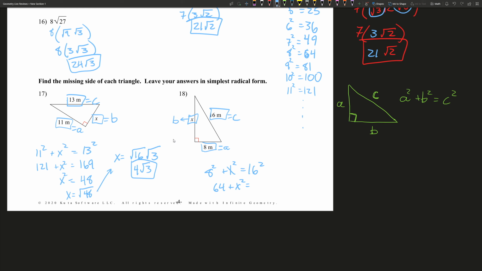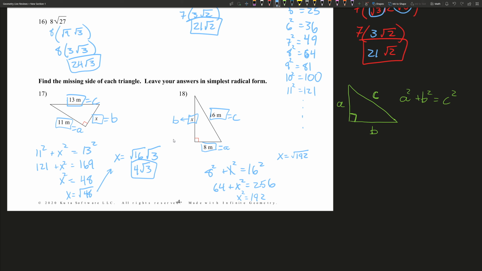Yep. 256 minus 64 is 192. Then we take the square root of that. I don't think that simplifies. Nope. All right, so that's not a perfect square.